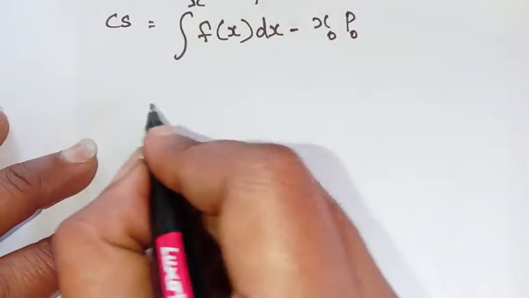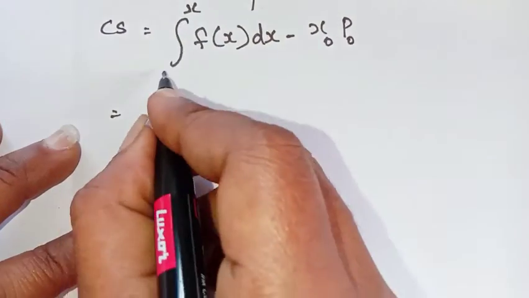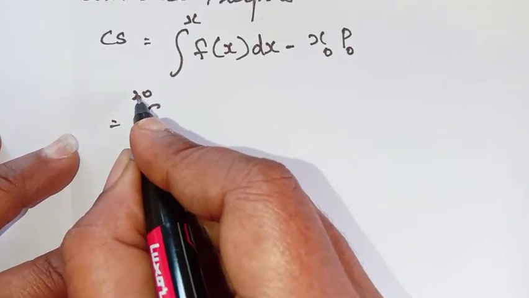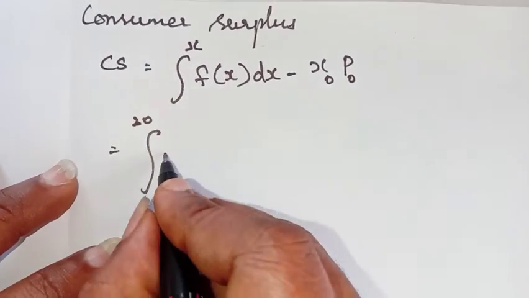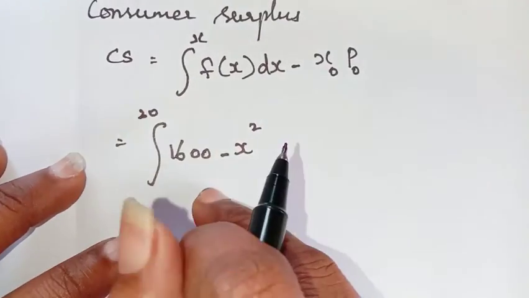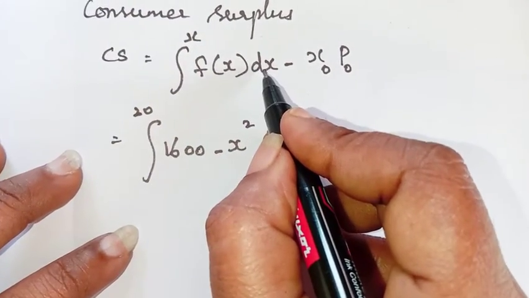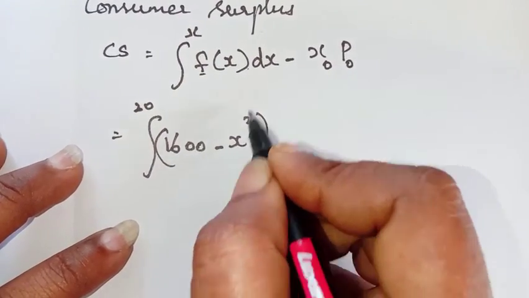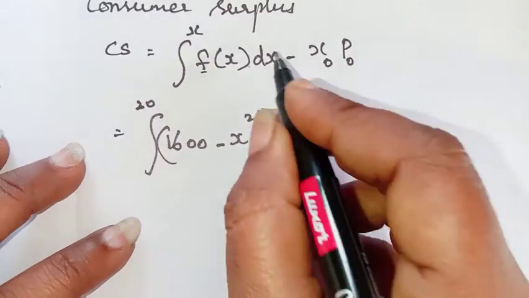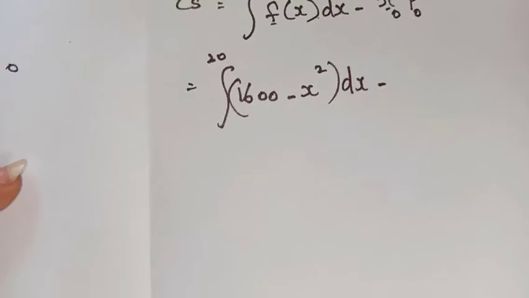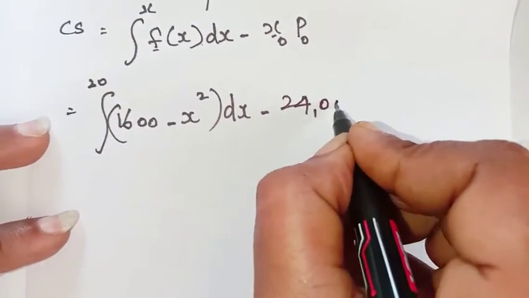Here the limit of x is 20, which we have already found. f of x is 1600 minus x square, which is already in the question, and the value of x0 P0 we already found out is 24,000. We'll write that 24,000 here.